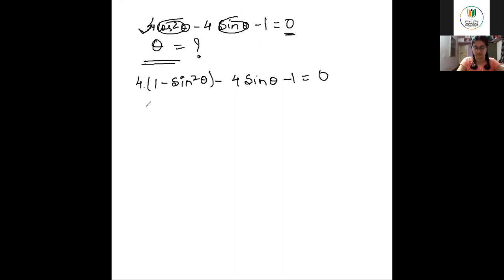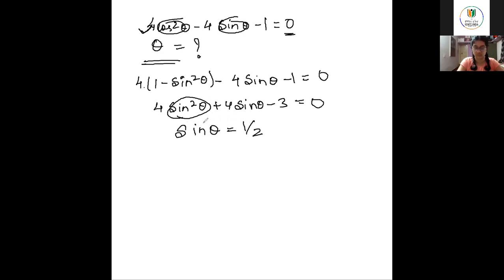So here the trigonometric equation that you will get is 4 sine square theta plus 4 sine theta minus 3, after shifting your negatives, positives to the right hand side. Now, as a quadratic equation, you can find the values of sine theta for which this quadratic is satisfying. So the value of sine theta that you will get is sine theta is equal to half.